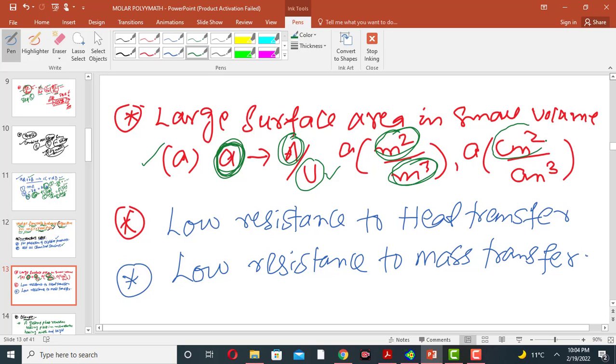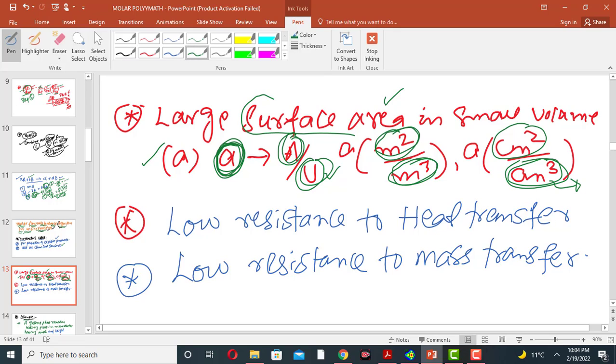It can also be square centimeter divided by cubic centimeter of the reactor volume. So these microreactors provide a large surface area in a small volume of reactor, and because of this, we nowadays use microreactors.